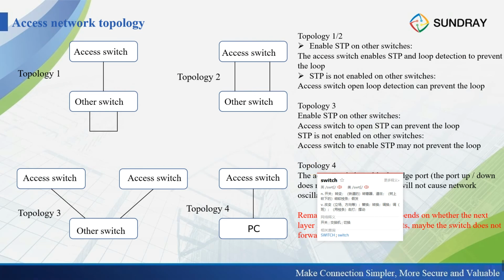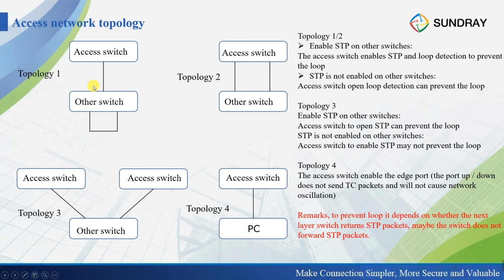So for the access layers, for topology 1 and topology 2, we can use spanning tree or use loop detection to detect and prevent loops in the network. For topology 3, if the other switches also support spanning tree, we can use spanning tree to prevent the loop.